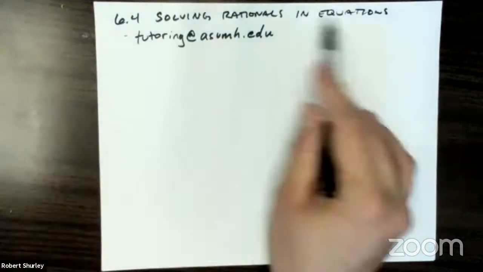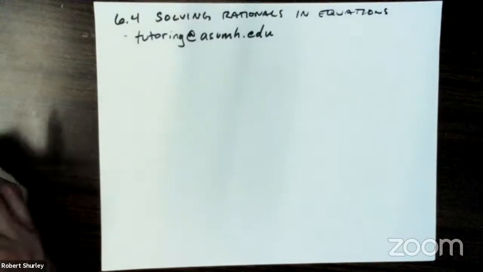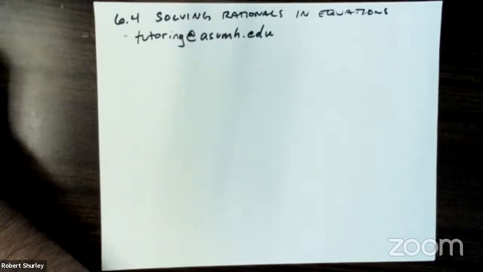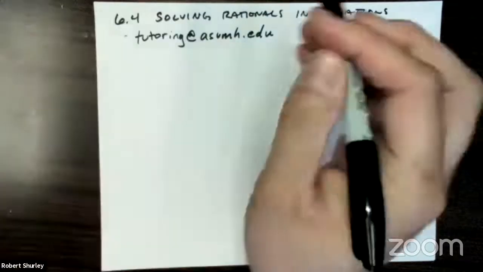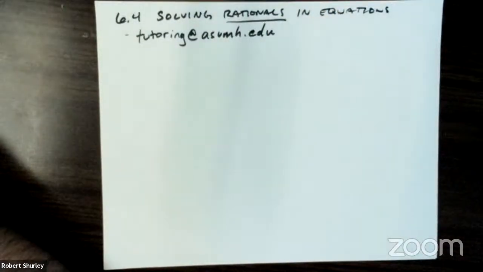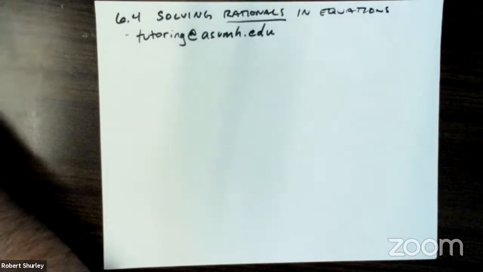Okay, so today, 6.4, solving rational equations. I'm going to start with an example. The goal, the way I teach it and the way your book teaches it, is to get rid of the fraction. When you hear the word rational, you need to just think fractions. So our goal is to get rid of the fraction and then solve how we know how to solve. Sometimes that solving part becomes harder than the actual rational part.